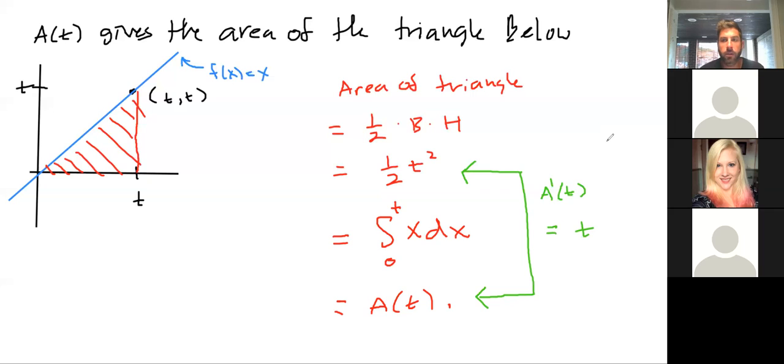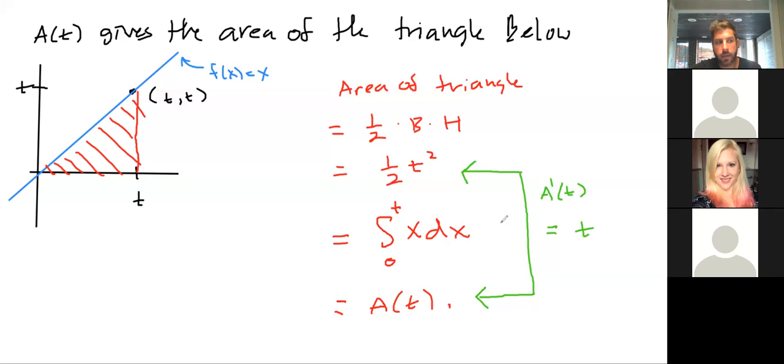Now, you might think on the outside that that means nothing and it's not important, but it's actually very, very, very important. Because what it's suggesting is that if you look at the integral and the 1/2 t squared, it looks as if the integral is somehow related to the derivative of the integrand.